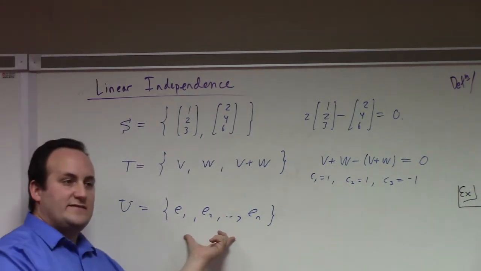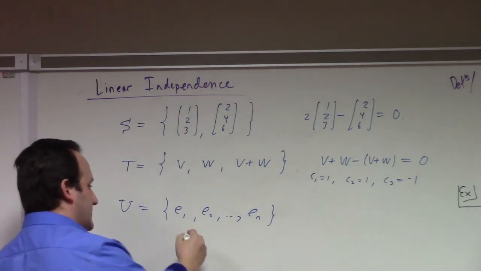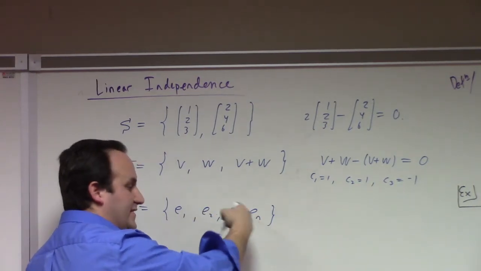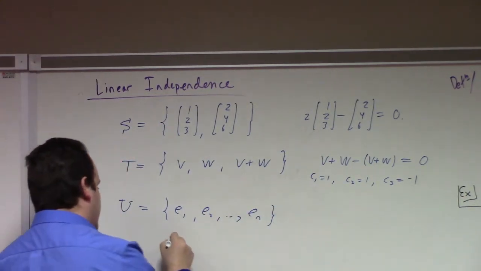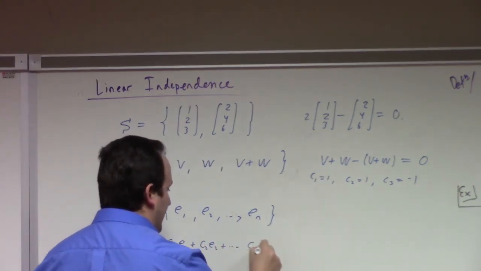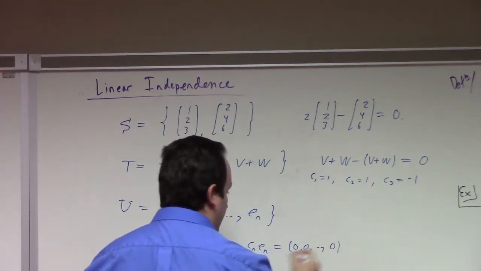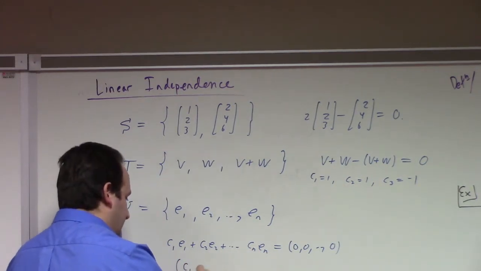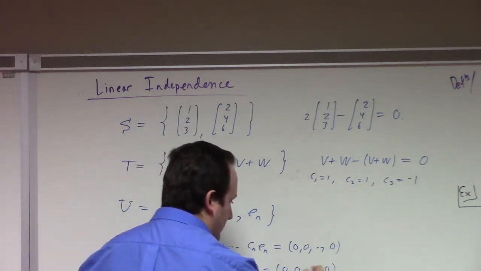This guy, on the other hand, finally is an example of a set which is linearly independent. There's no way I can write one of these standard basis vectors as a linear combination of the other ones. In particular, if you look at c1e1 plus c2e2 plus dot dot dot plus cnen, and you set it equal to the 0 vector, which would be 0, 0, dot dot dot, 0, and rewrite this as a vector, you get c1, c2, dot dot dot, cn equals 0, 0, dot dot dot, 0.